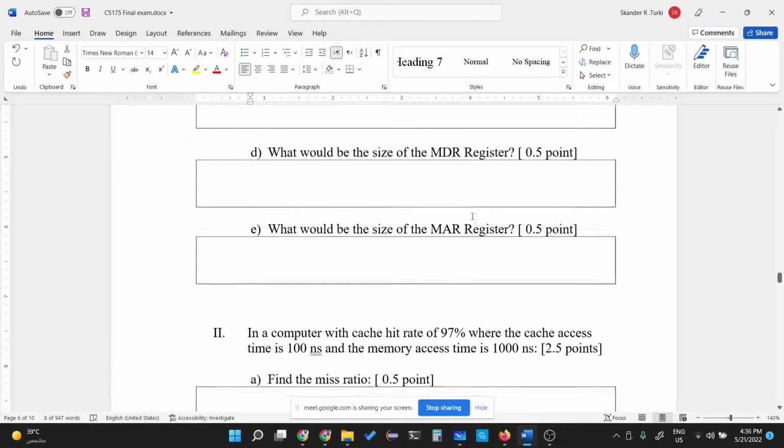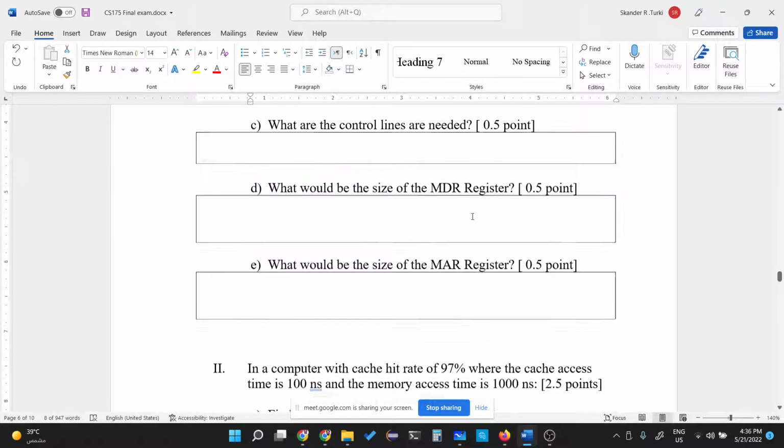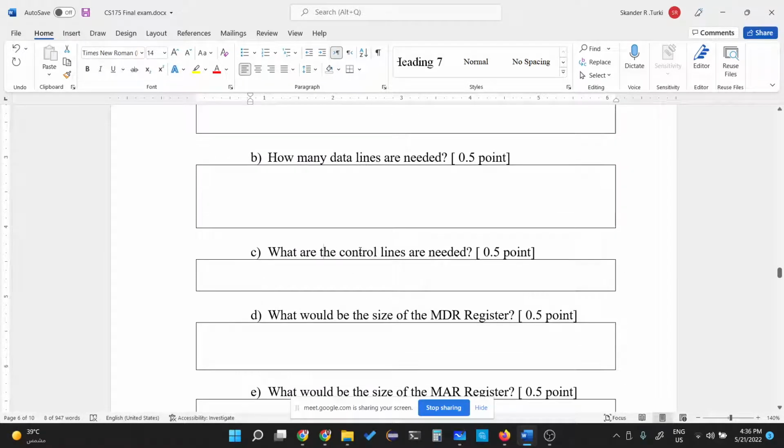About the control lines that are needed: here we have the read bit and the write bit. These are inputs, control lines. Then we have the MFC.